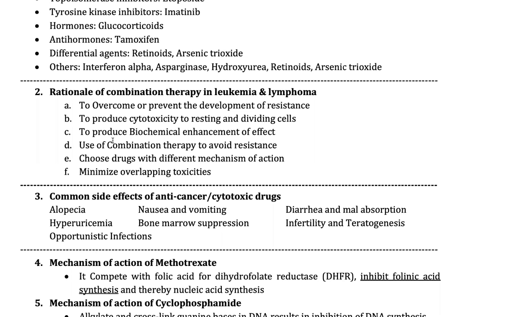To overcome or prevent resistance, and to produce cytotoxicity to resting and dividing cells. It's very important, because sometimes the resting cells are not active, they are sleeping, but after some time they will become active, so we also have to stop the growth of resting cells, and to produce biochemical enhancement of the effect.